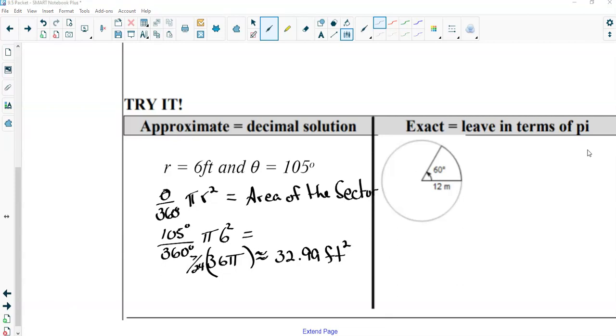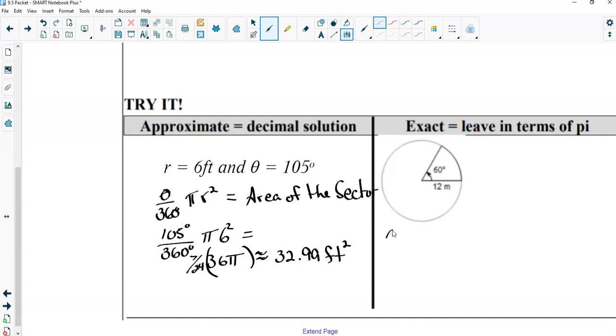Okay, so what if I wanted exact? It says here exact is the same as leave it in terms of pi. So basically here is theta. Theta is 60 degrees. If I divide 60 by 360, that means this is about 1/6 of the whole circle, right?